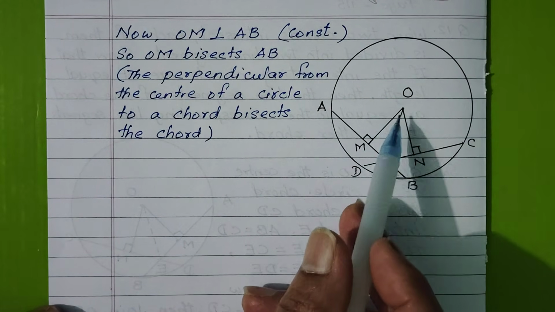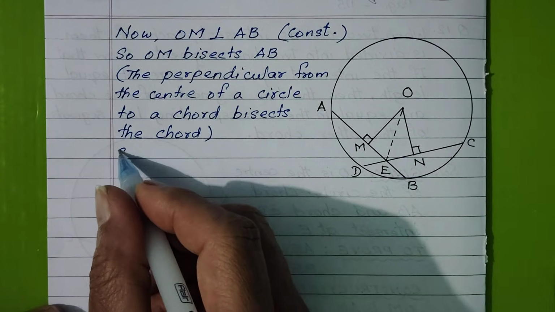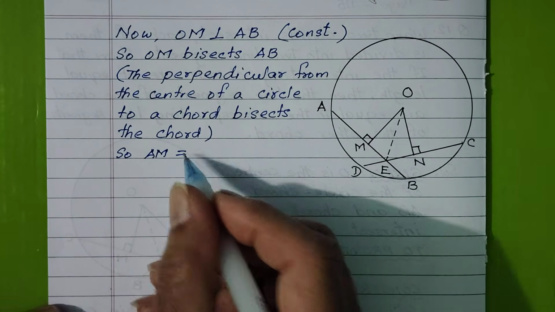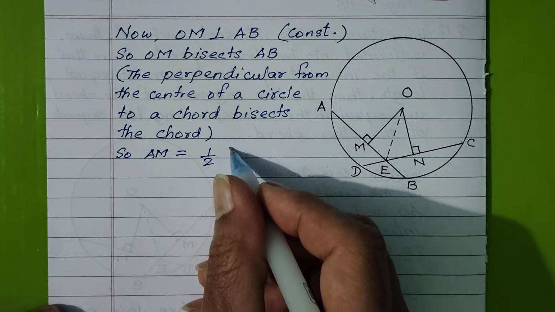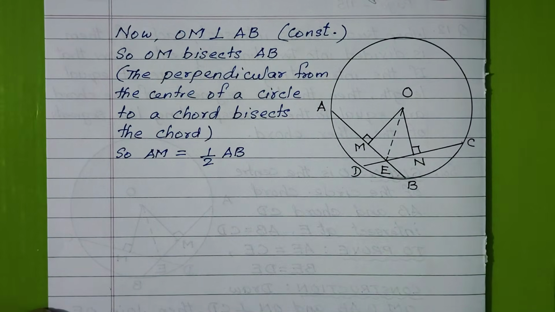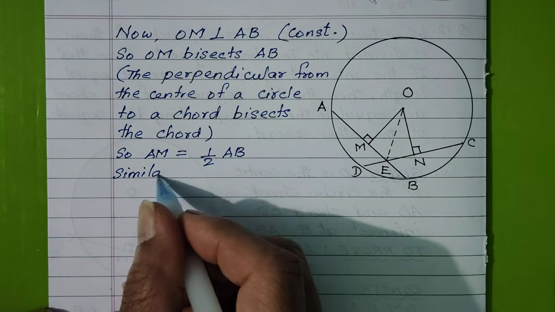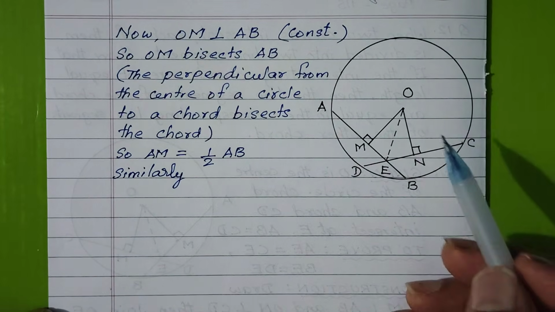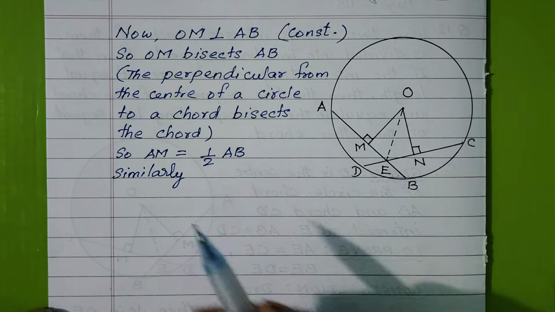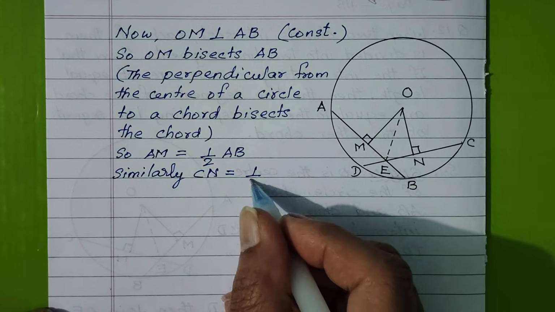So when OM cuts AB into two equal parts, AM will be equal to half of AB. Similarly, CN also will be half of CD.